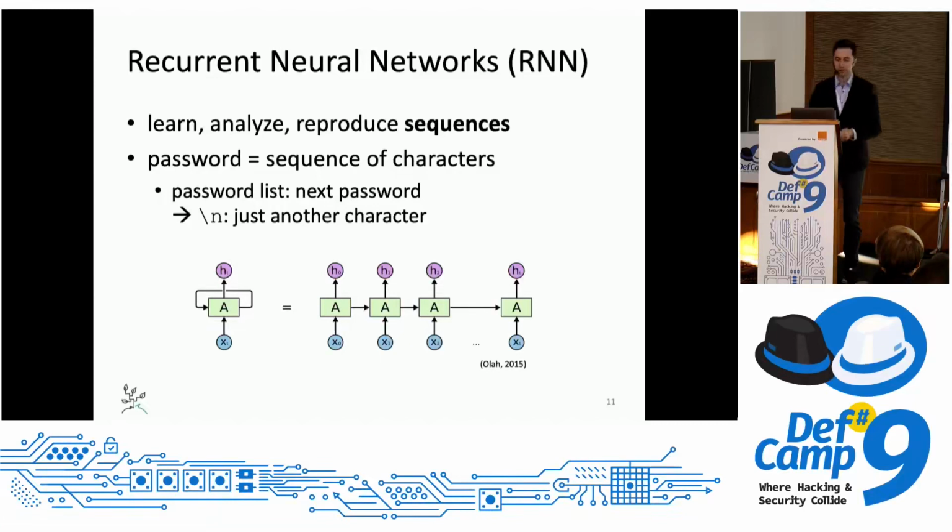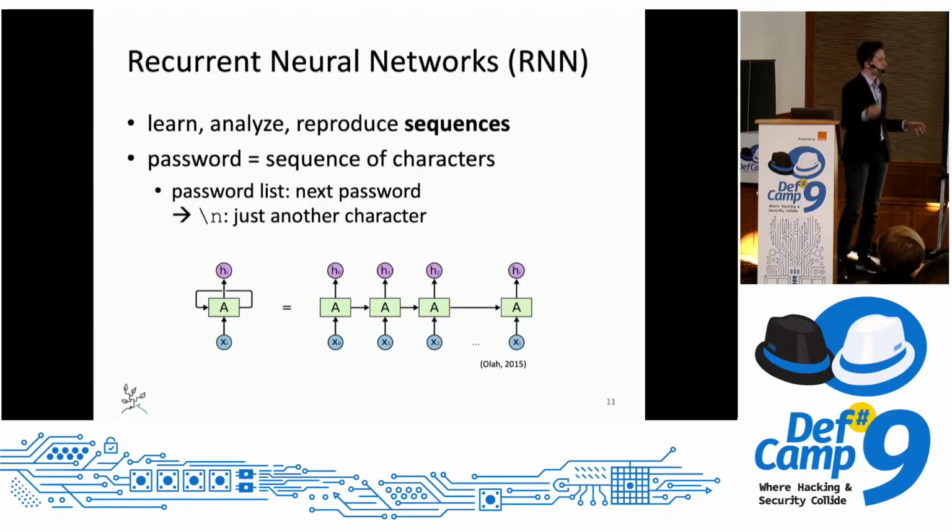That's just another character. So this would be our neural network from before. So you have this input, you have this intermediate representation, and then you have an output, and it basically feeds not only into the output as we have in the neural network, it also feeds back into itself, which means that you can chain neural networks.